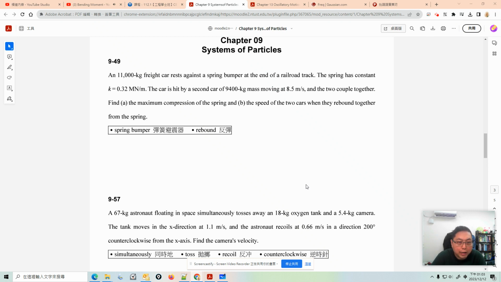Initially this freight car is at rest, and the spring has an elastic constant of 0.32 mega Newton per meter. Sorry, not medium, mega. I always pronounce this wrong.